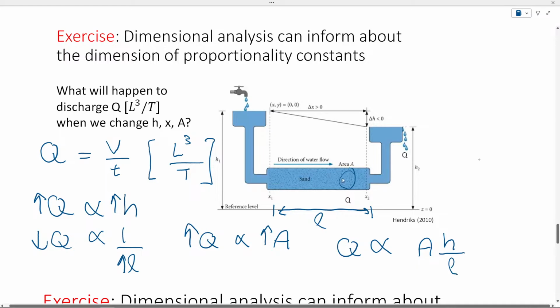So Q is directly proportional to A and H, and inversely proportional to L.